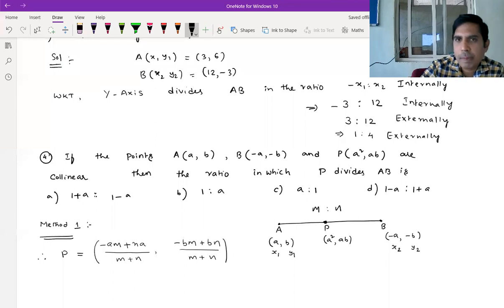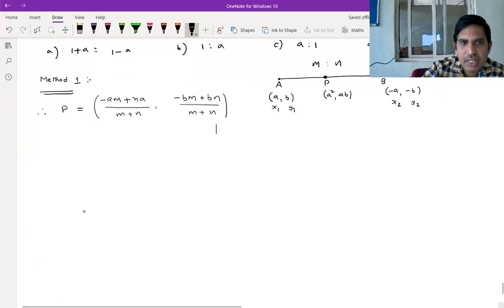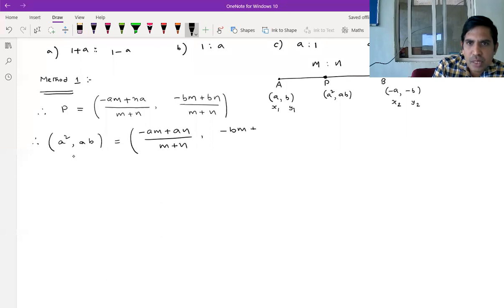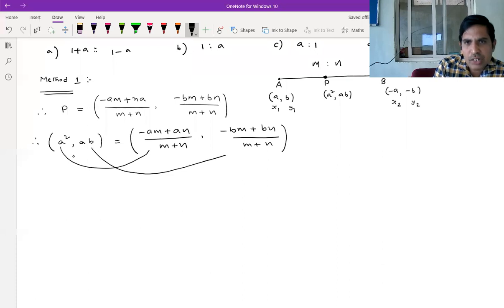So this is what we get after applying the section formula, but the P point is given. Now replace the P point: A square comma AB is equal to minus AM plus AN by M plus N, comma minus BM plus BN by M plus N. You can equate either the first coordinates or the second coordinates; you will get the same answer.